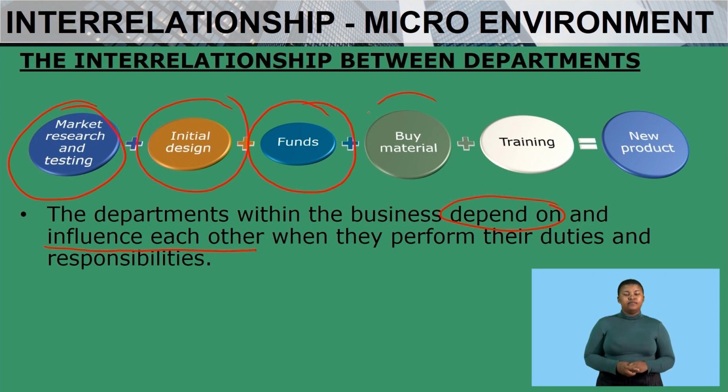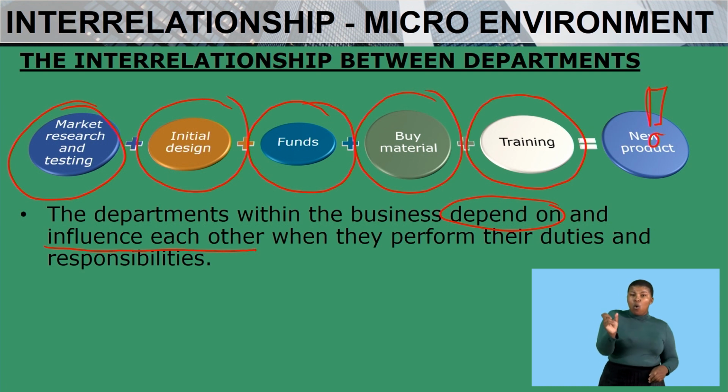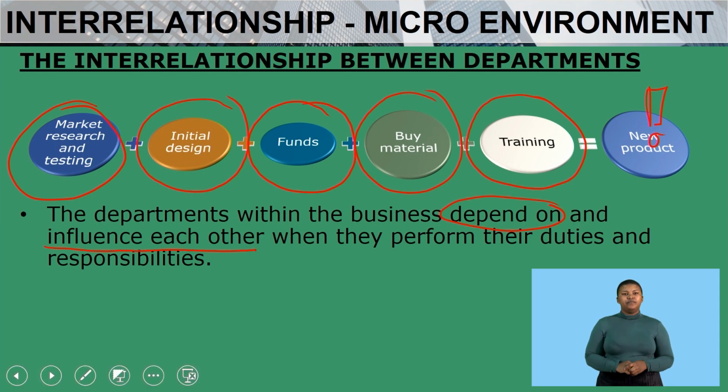Then our purchasing department will buy the materials needed for this production process. And then our HR department, or human resource department, will train the employees in order for them to be able to produce what we then have at the end, our new product. So everybody is dependent on each other and works together to then at the end produce a quality product, in this case, a new product.